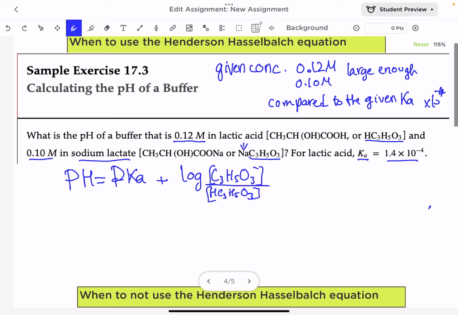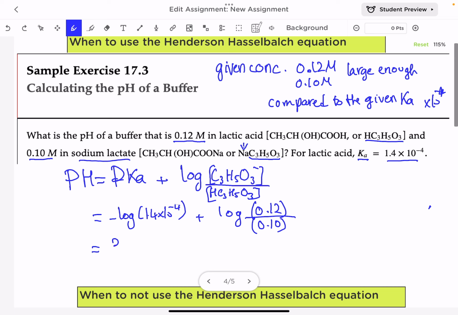Now we have the Ka. pKa is minus log the given Ka, 1.4 times 10 to the power negative 4, plus log the concentrations, which is 0.12, we substitute, over 0.10.